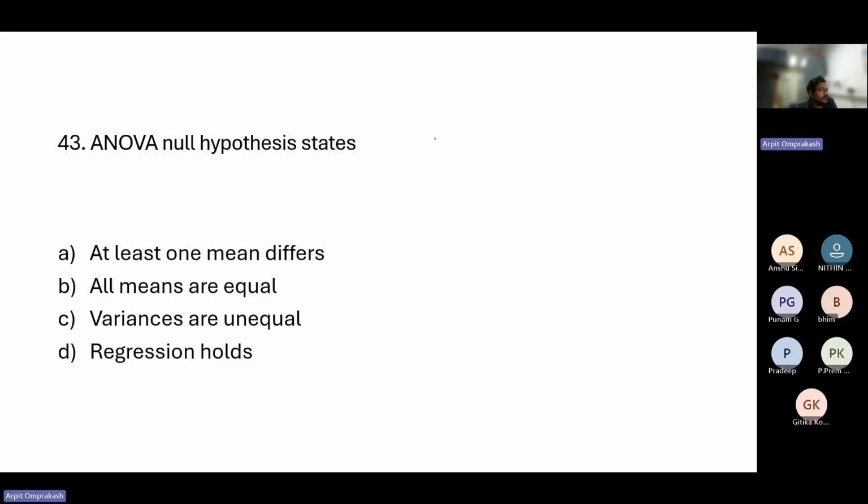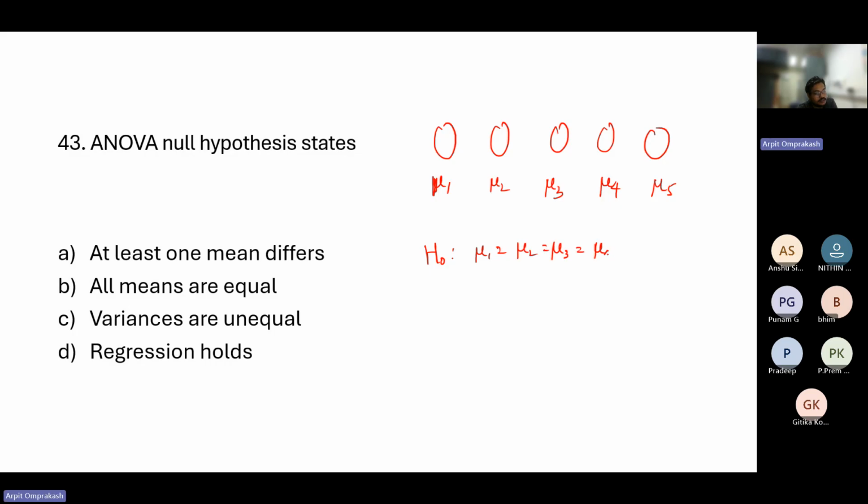So in ANOVA, you have multiple populations or multiple treatments, each of which give you a mean value. Right. So in ANOVA, our null hypothesis is that all of these means are equal. Our null hypothesis in general is a hypothesis of no change or no deviation.